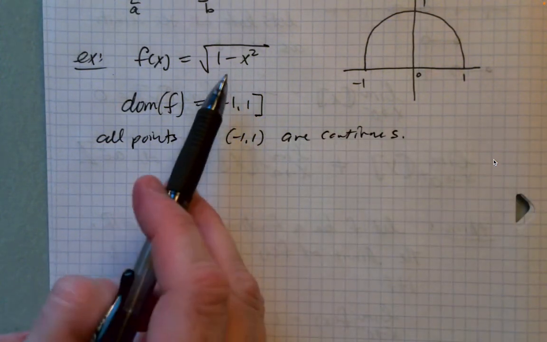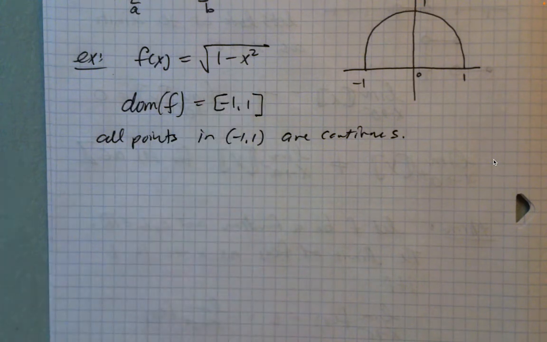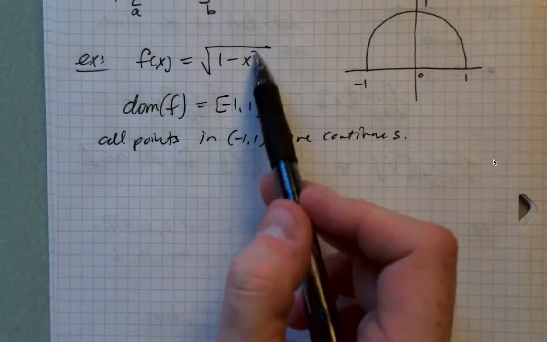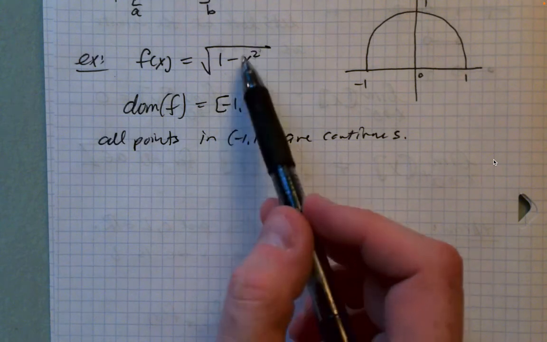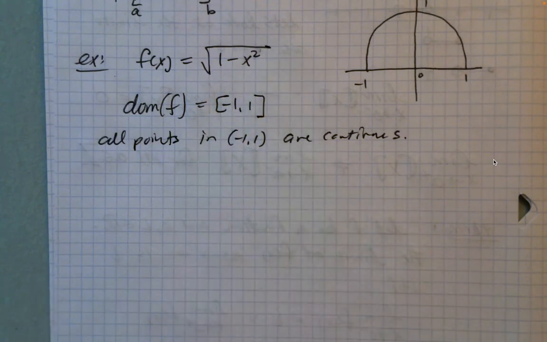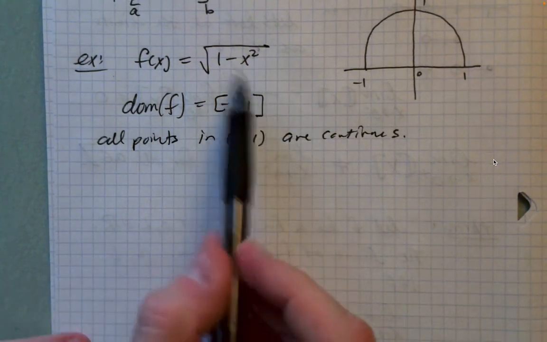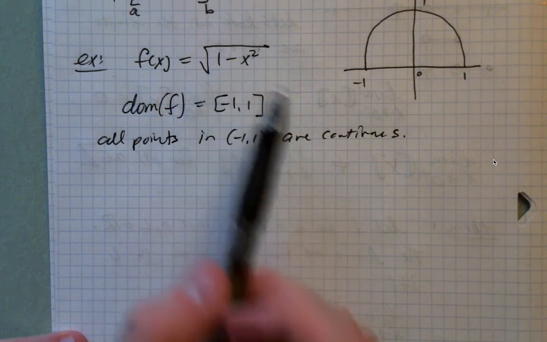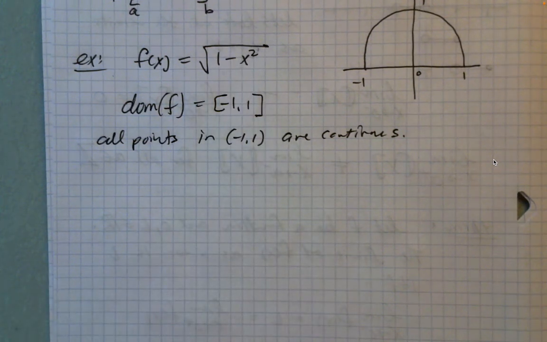I can't plug a number into this and get a discontinuity, at least not in the normal way of thinking. This is a squared term, so even when I plug in my negatives, I still get a positive, and they're always going to be less than 1, so with 1 minus that, I always get a positive number in here, so not a problem. So obviously all of the points in the open interval are continuous.